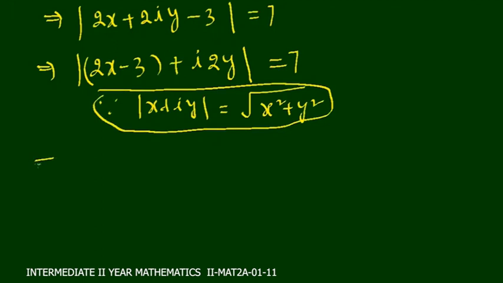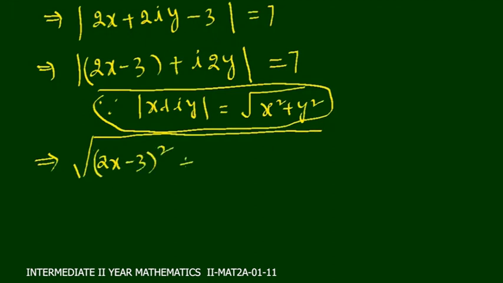Therefore, the modulus of this is under root of 2x minus 3 whole square plus 2y whole square is equal to 7.